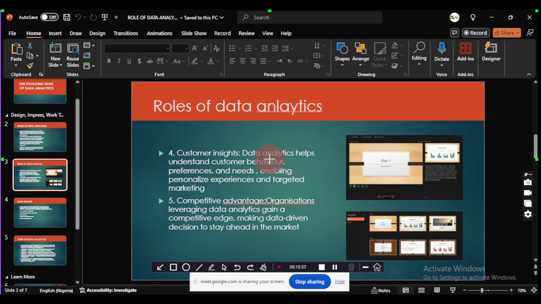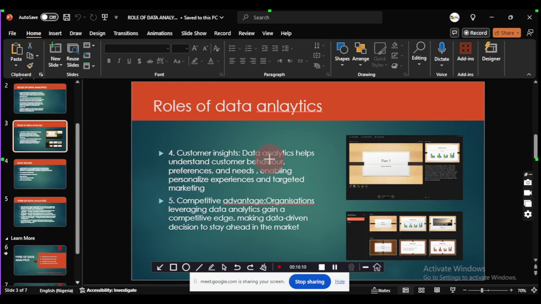Now next one, let's look at the types of data analytics. There are several types of data analytics which can be categorized based on the purpose, methodology, and level of complexity. Here are some of the main types.